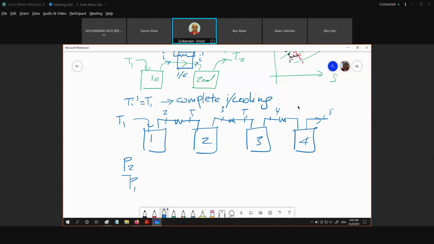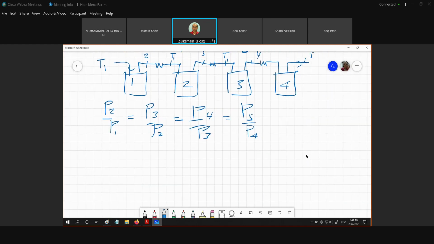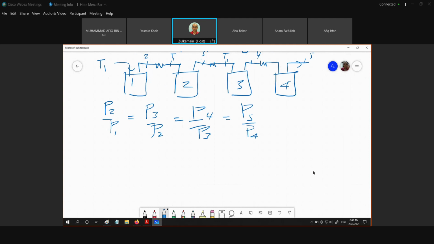Kalau dikatakan sebagai same pressure ratio, maknanya P2 per P1 sama dengan P3 per P2 sama dengan P4 per P3, dan kita dapati ini sama dengan P5 per P4. This is refer as a same pressure ratio.